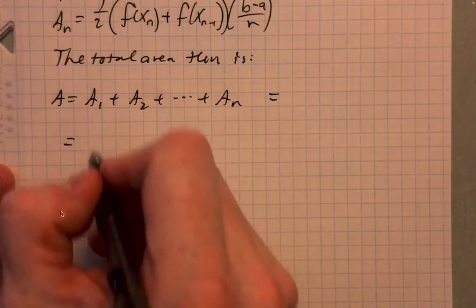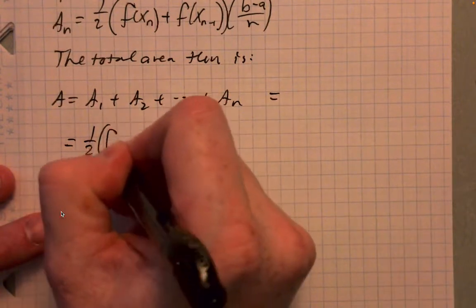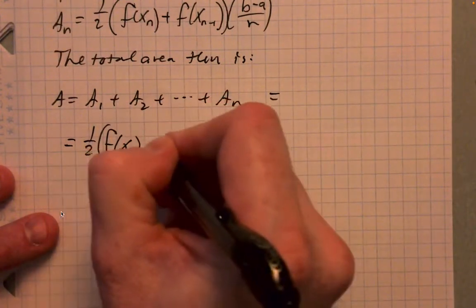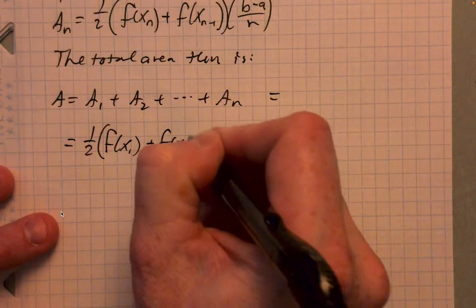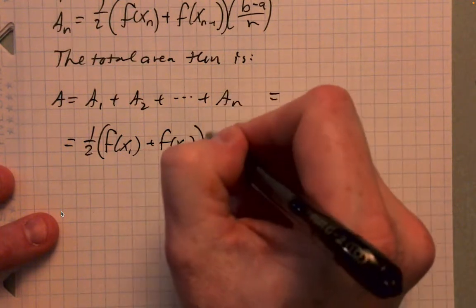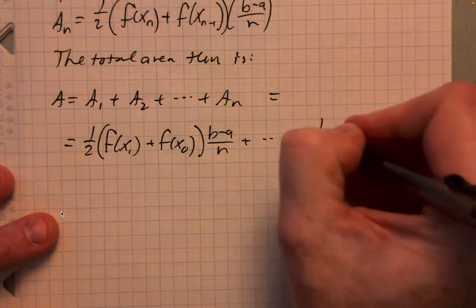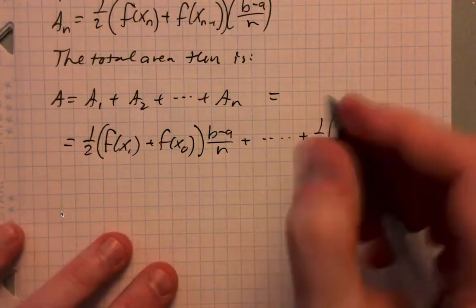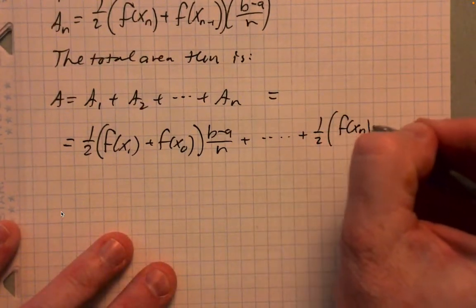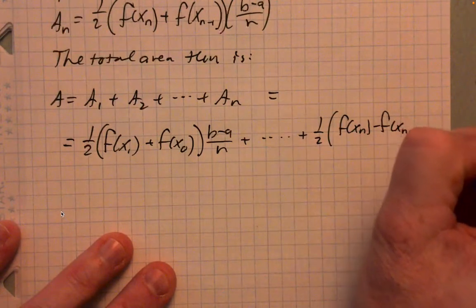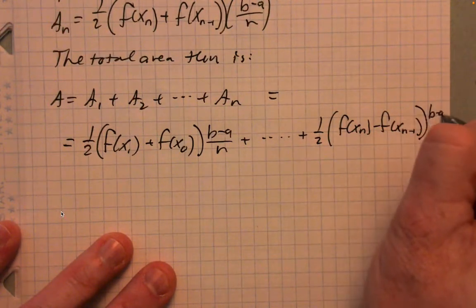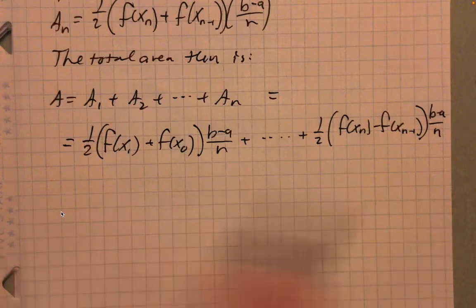And so you'd write it like this: 1/2 f of x1 plus f of x0 times b minus a over n, plus dot dot dot, plus 1/2 f of xn plus f of xn minus 1 times b minus a over n. So all n of those are in there.